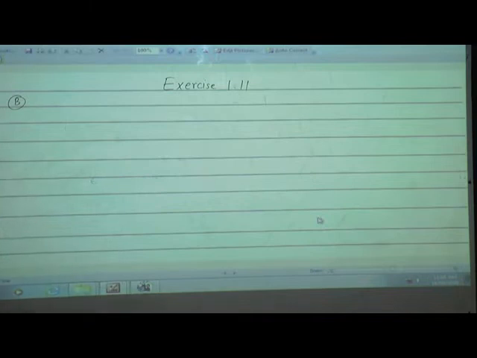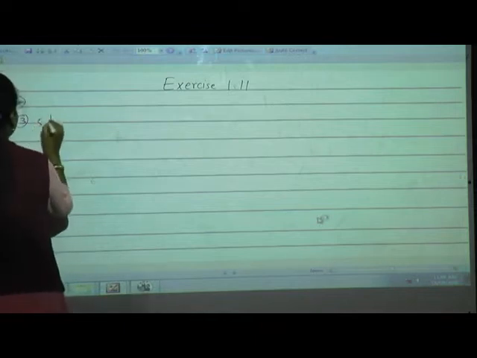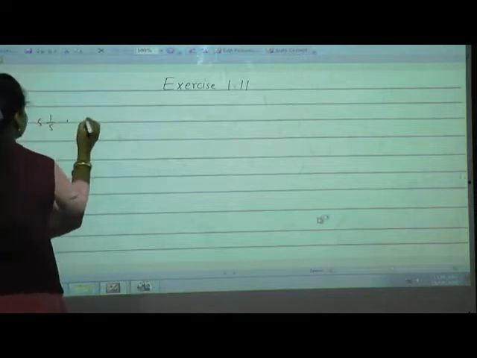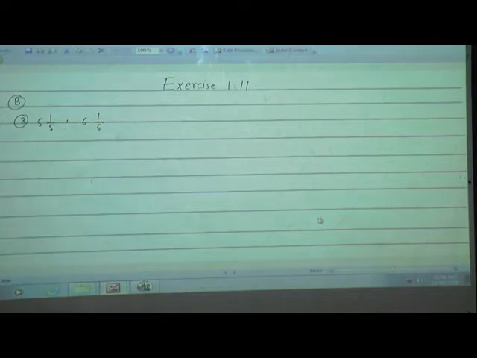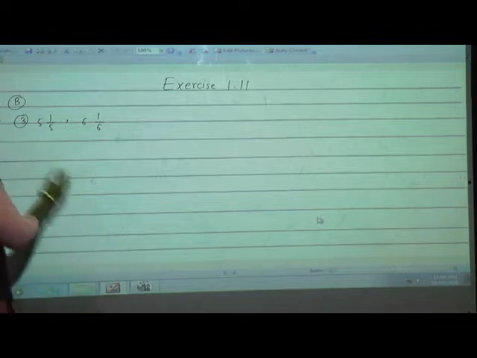Now in B question, the third one I am going to solve. What is the third one? 5 1 by 5, comma 6 1 by 6. Okay. Now see, first what do we have to do? We have to convert these mixed fractions into improper fractions.